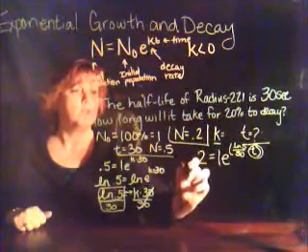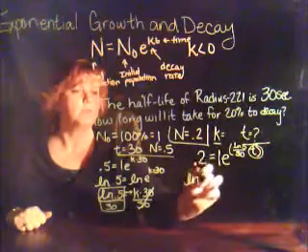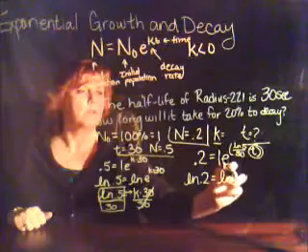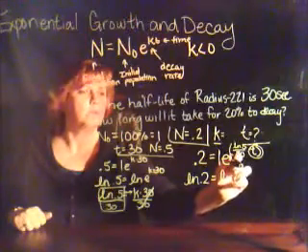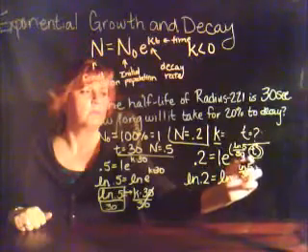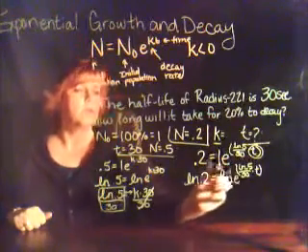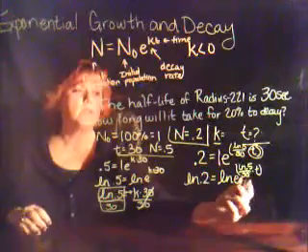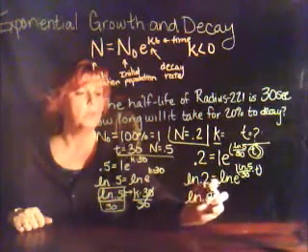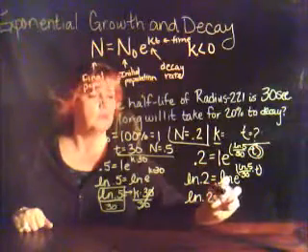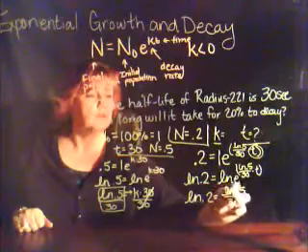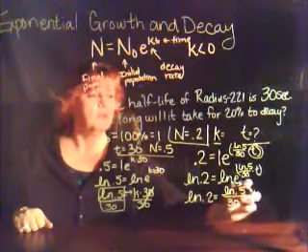So if I take the natural log of both sides, which is 0.2, now remember the natural log of e raised to anything is just going to be that. So I'll have the natural log of 0.2 is equal to the natural log of 0.5 divided by 30 times t.